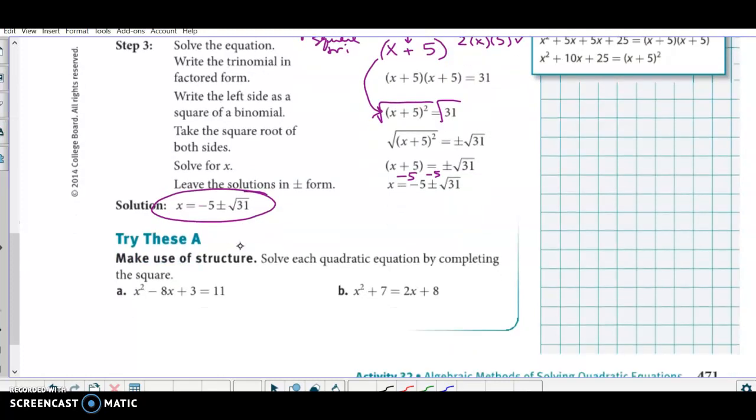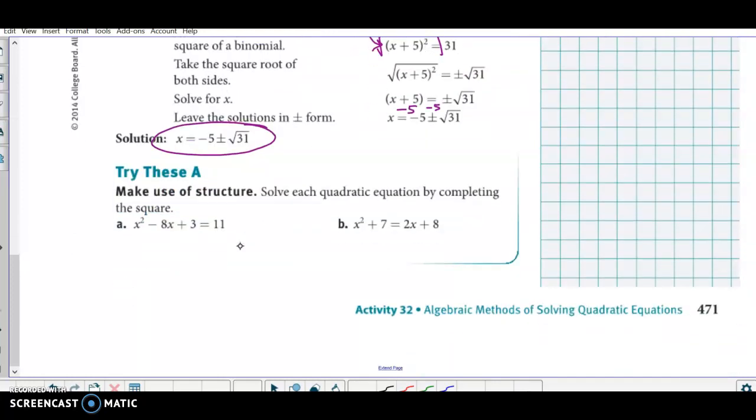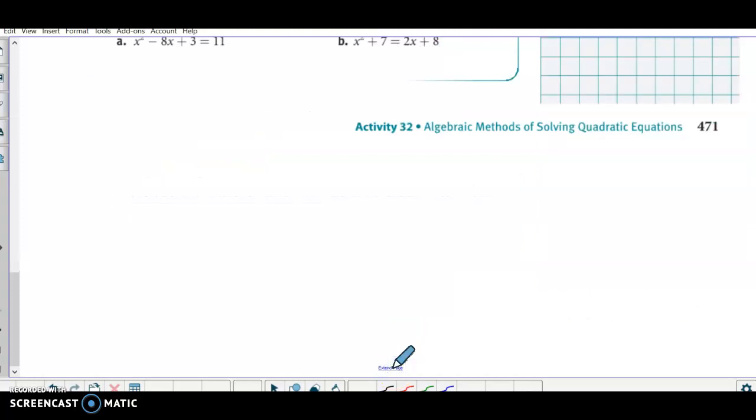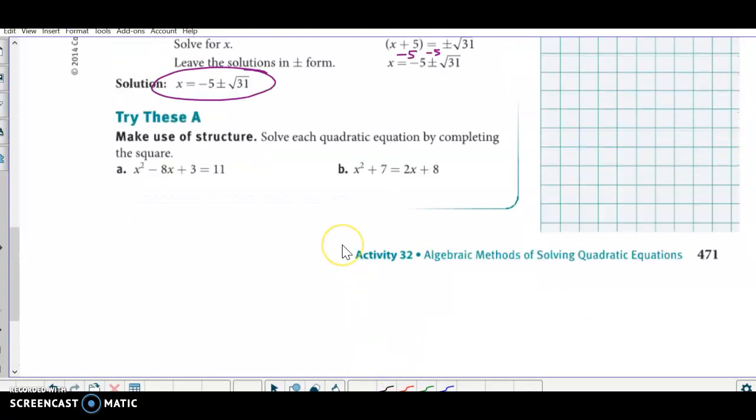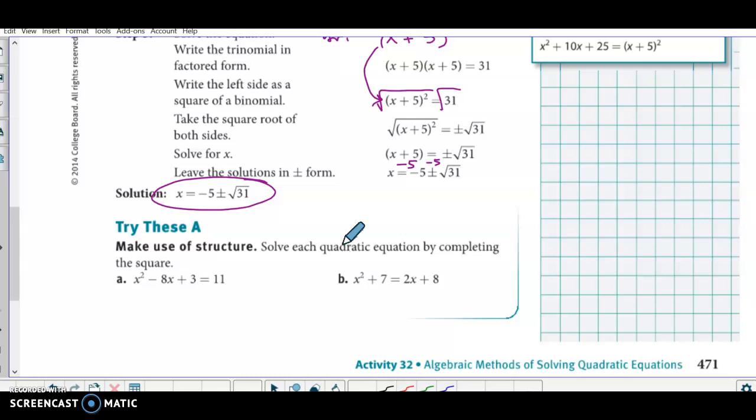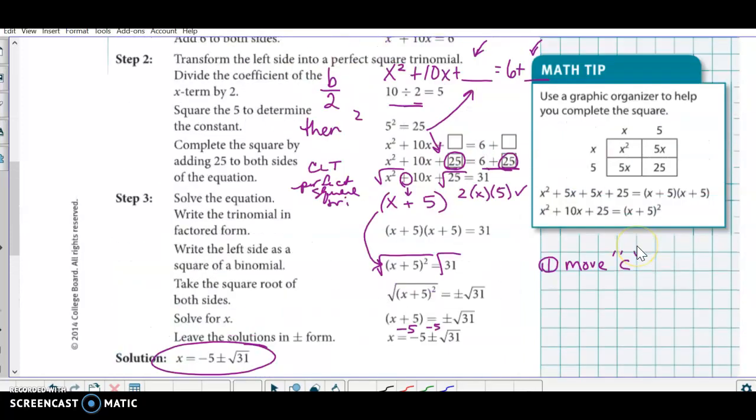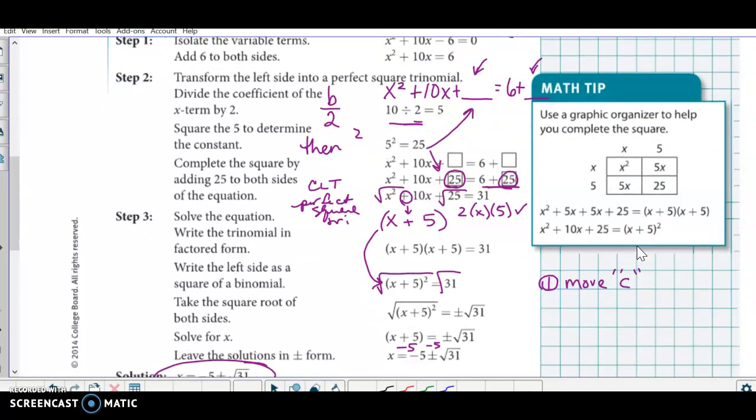So I'm going to do letter A, and then we'll look at going through and letting you try letter B. So again, I'm going to write the steps over here. Step 1 is always going to be move C. Okay, if we go back up, you can see that we did that.